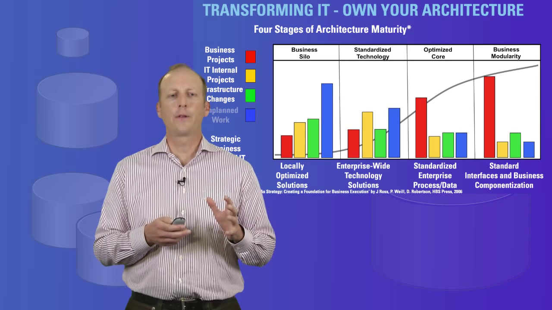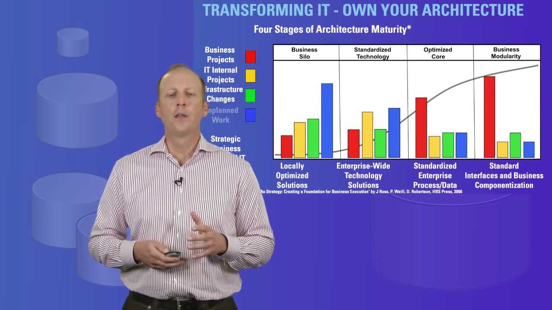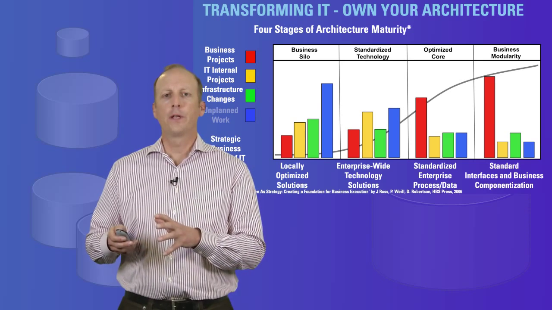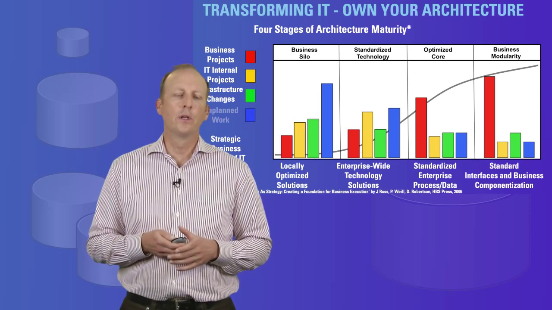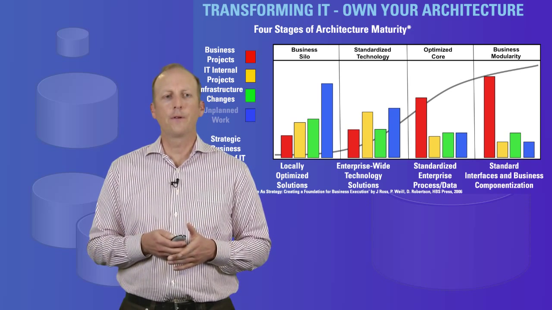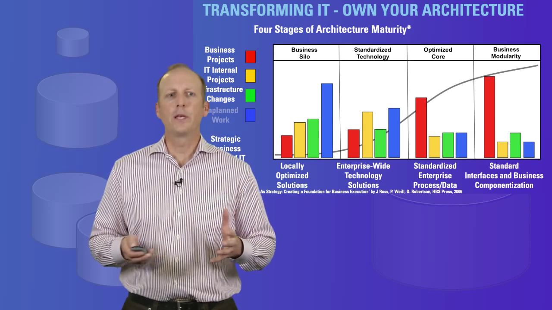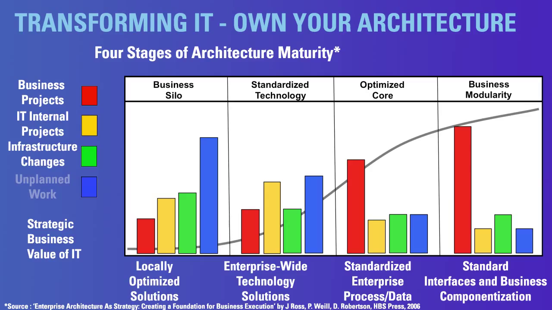By getting to a business modularity phase, you're going to have a common, single source of truth infrastructure, which allows business projects to be the key area of focus, not doing basic plumbing, such as the unplanned work or the break fix.